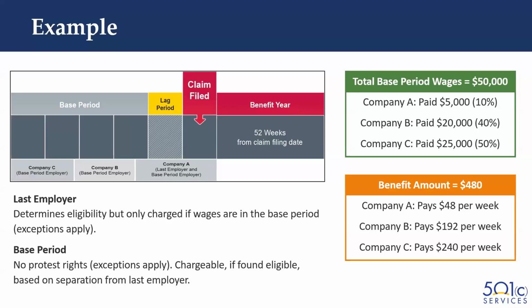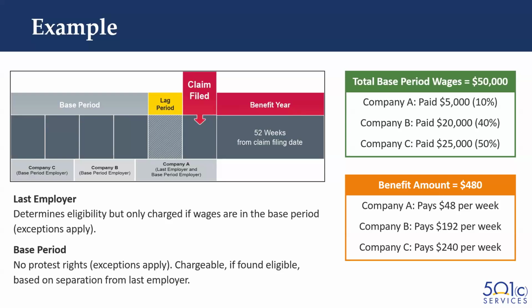In this example, we're going to say that the wages reported in the base period between all three employers was a total of $50,000. If the claimant is found eligible, their weekly benefit is probably going to be somewhere in the ballpark of $480 a week, or a maximum total of $12,480 over that 26-week period. Most states pay 26 weeks. Not all, but most.